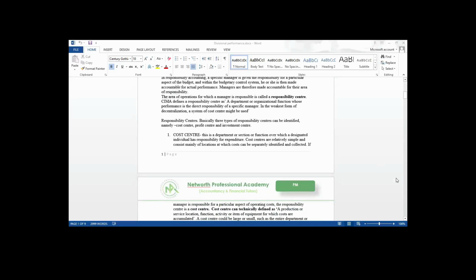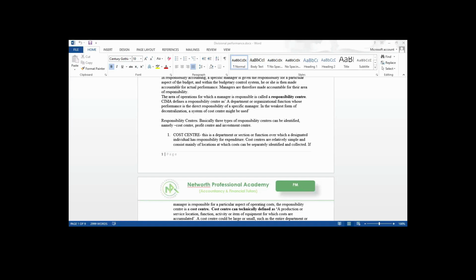The fourth one we only come across in government, not in companies. Responsibility center types. 1, cost center.